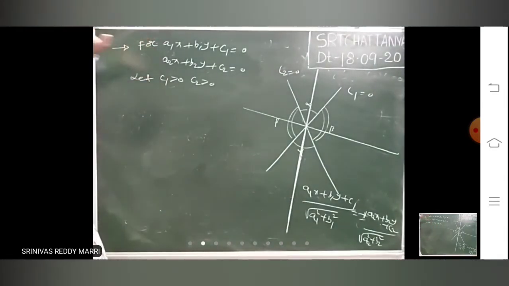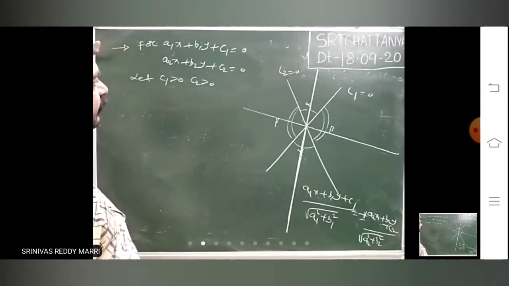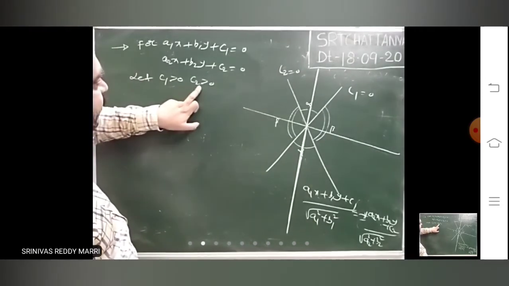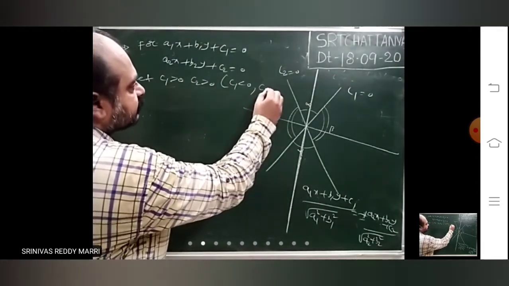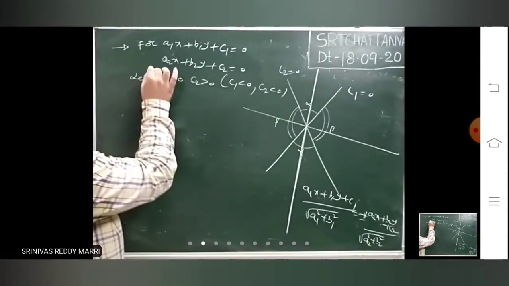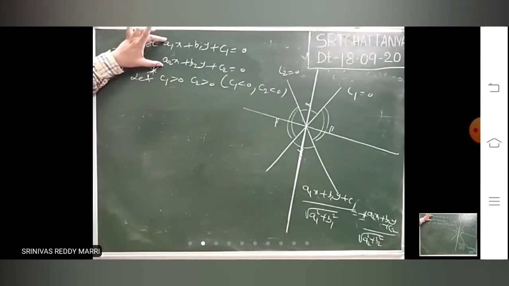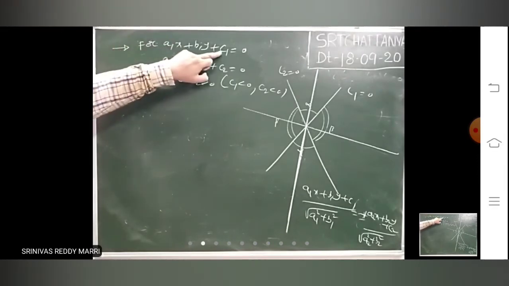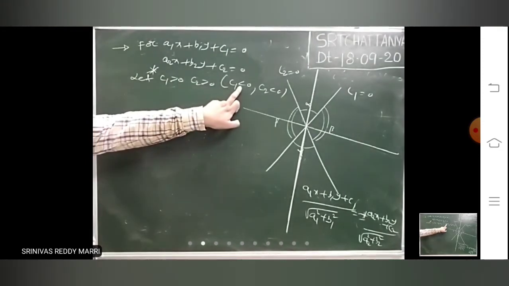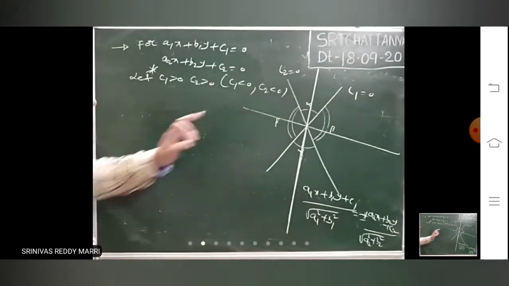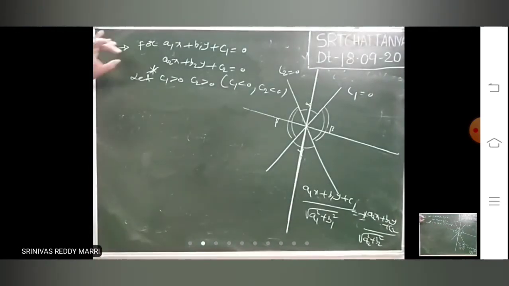Always to decide which is acute angle bisector and which is obtuse angle bisector, make c1 greater than 0, c2 greater than 0, both positive or both negative. I will follow this notation, right? You can make the constant positive or negative, I will follow this method. You can make it negative also.